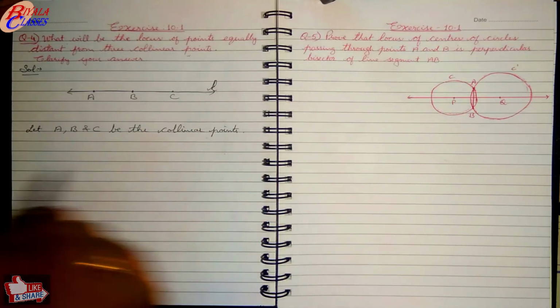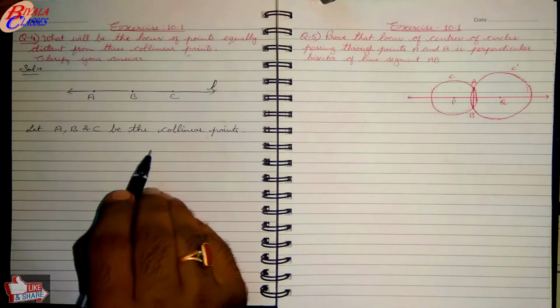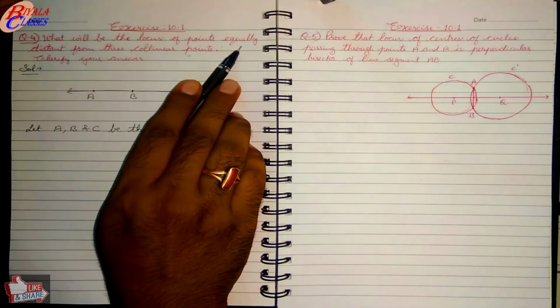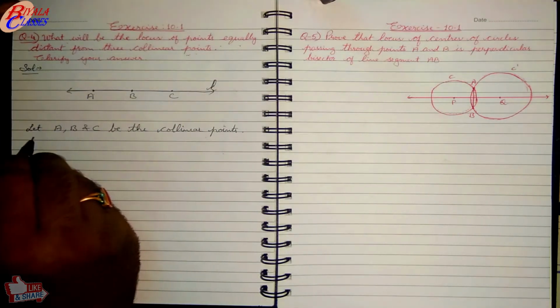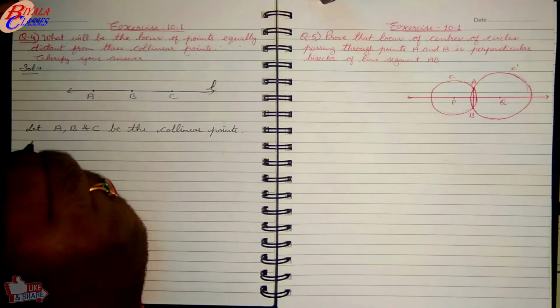Now here we need those points which are equally distant from all the 3 points. So again let us take 2 points at a time.